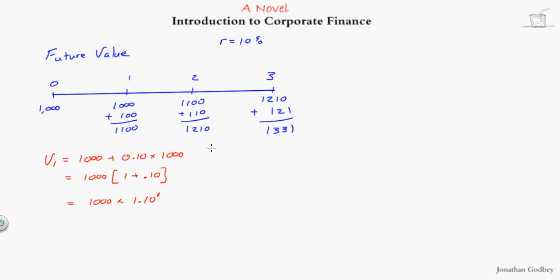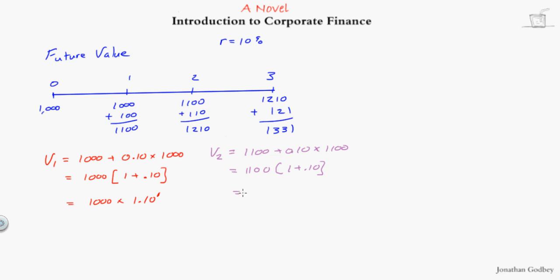So what about the value at year 2? The value at year 2 is equal to the $1,100 I had at year 1 plus 10% of the $1,100 we had on deposit at the beginning of year 2. So this is going to be 1,100 times (1 + 0.1).